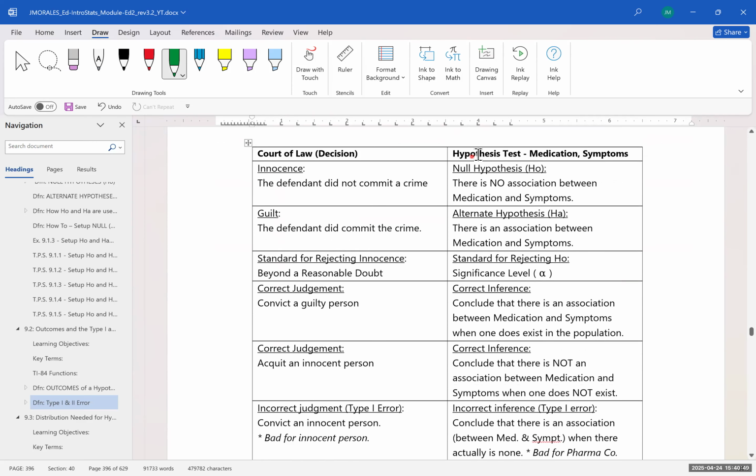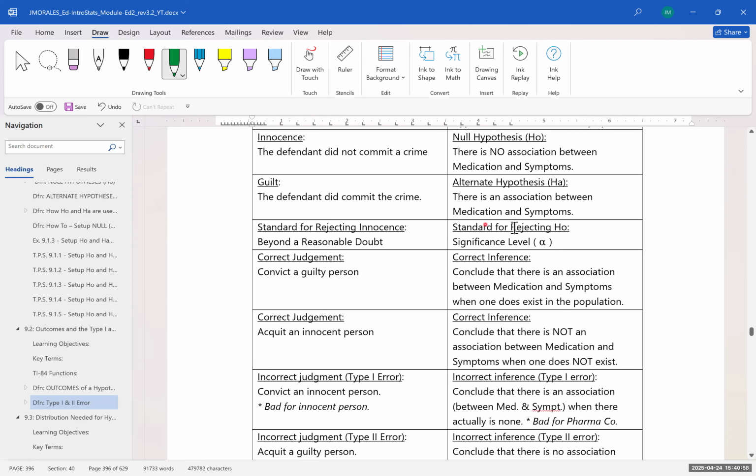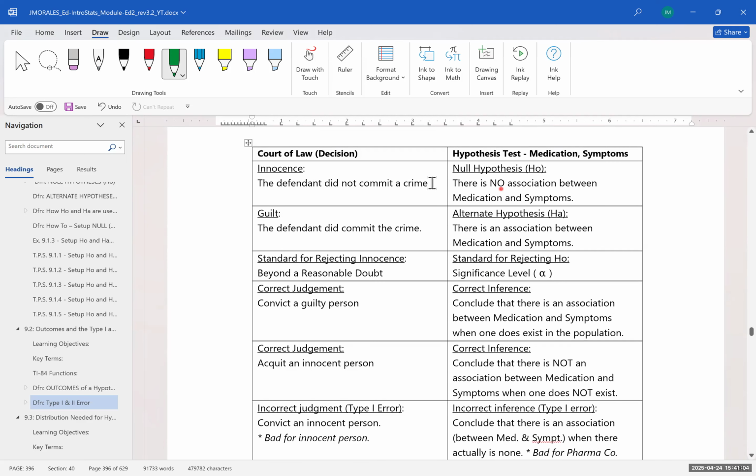In terms of having a hypothesis test and trying to understand what a null hypothesis is, an alternate hypothesis, the standard for rejecting the null, that's equal to the significance level. I've drawn parallels here with a court of law. So the null hypothesis, for example, is that there is no association between a medication and the symptoms that a patient experiences, right?